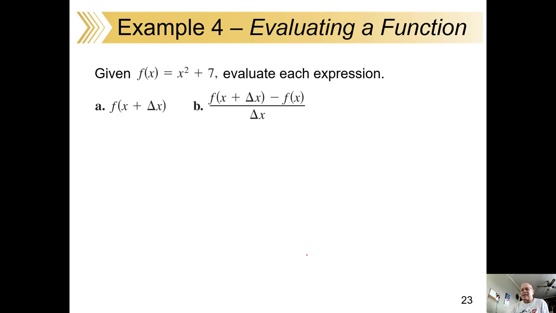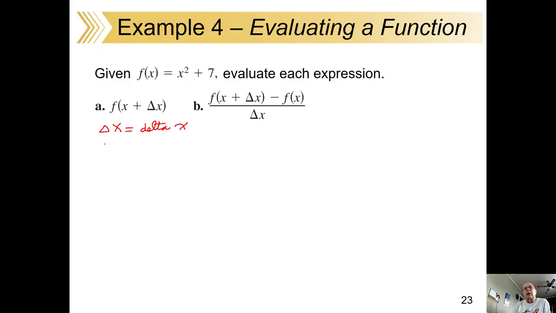So what is this thing? Okay, first of all, we're going to start with this triangle x thing. That is delta x. This triangle thing is a Greek letter delta. In fact, if you're keeping track, it's a capital delta.